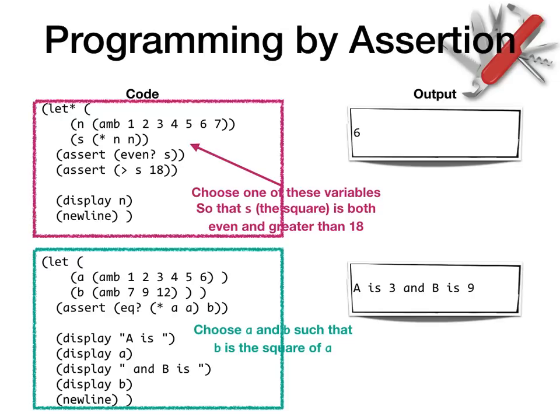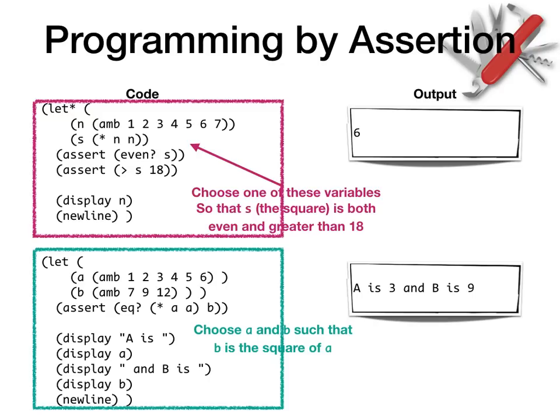So here's how you program by assertion. In the first one, we're going to set the variable n to be one of those ambiguous values: 1, 2, 3, 4, 5, 6, 7. Then we're going to set s to be n times n, so basically n squared. Now, note that we have assertions about s.